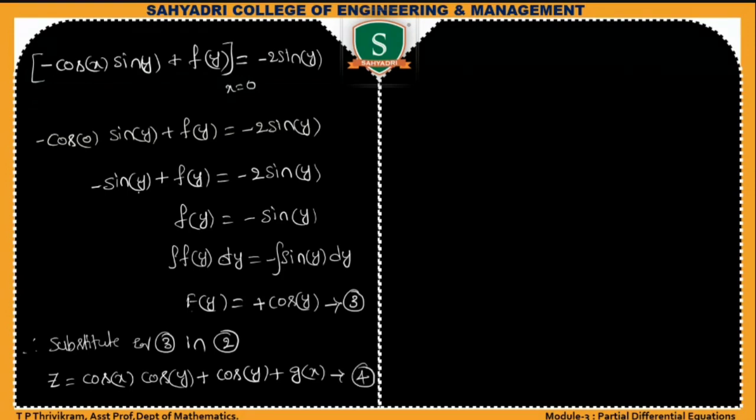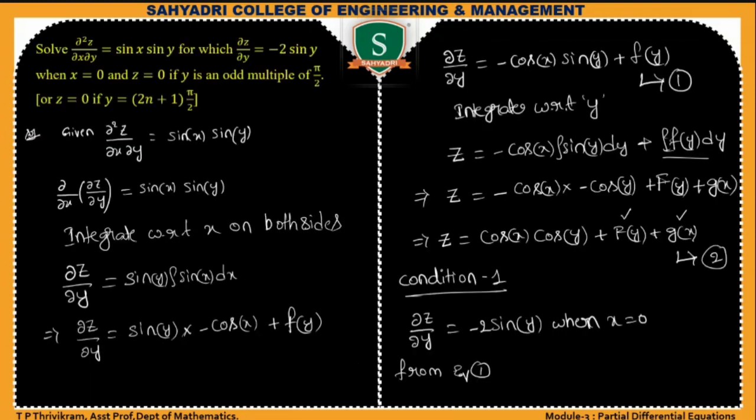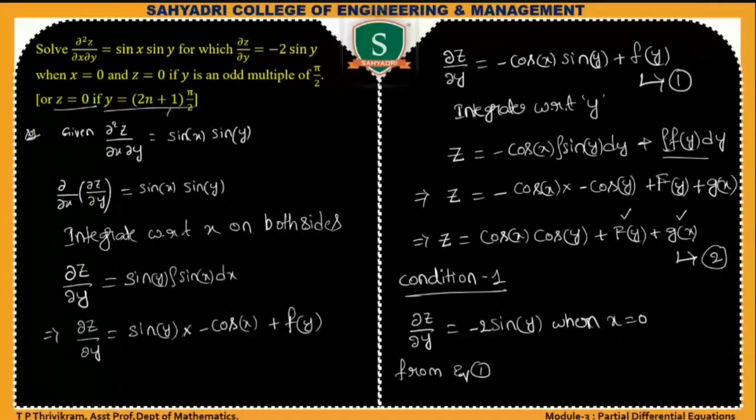Now apply condition 2. So what is this condition 2 actually? Condition 2 is nothing but when z is equal to 0, take y as y equal to (2n plus 1) pi by 2.